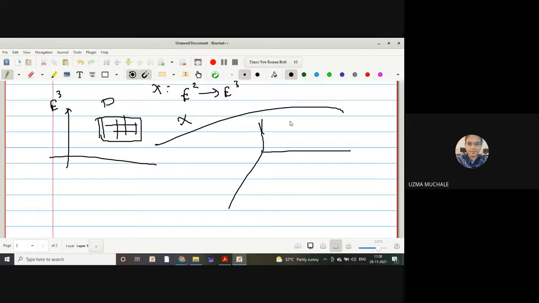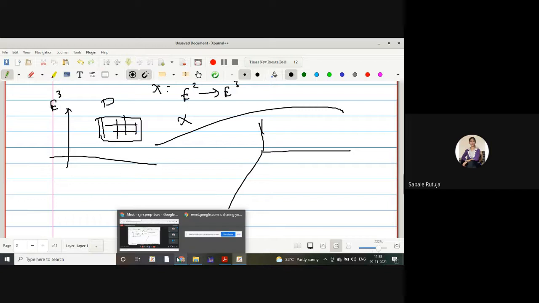After applying such a mapping, that object can be converted into some 3D format. It can be one object in 3D space. Can you imagine this, everyone? Yes, ma'am.